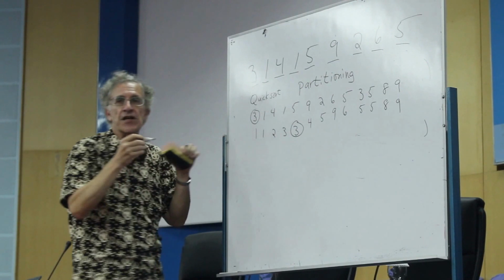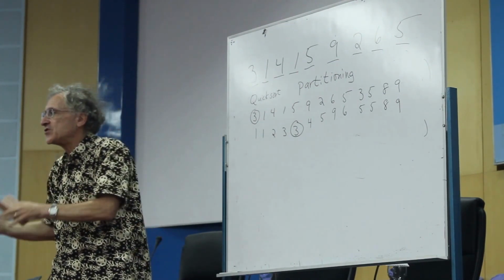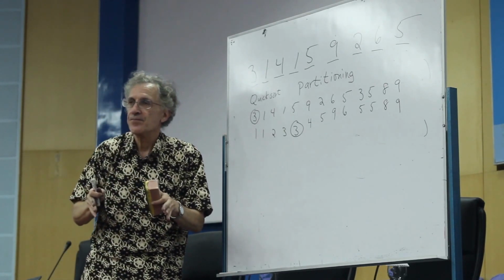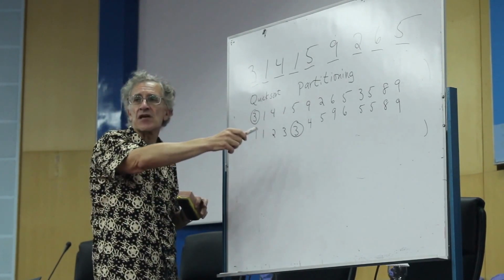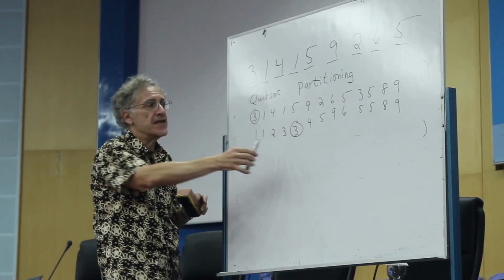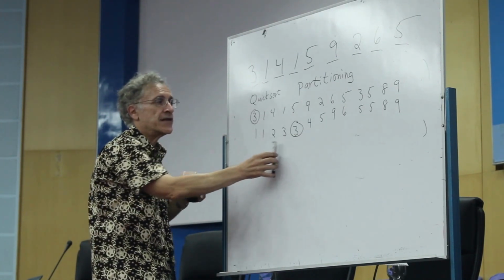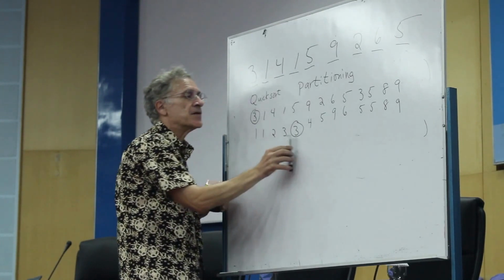I partition, that means divide into two groups. I partition the numbers into small and big. If the numbers are sorted eventually, this number is in the right place, because everything here is smaller, everything here is bigger. This number is finished.